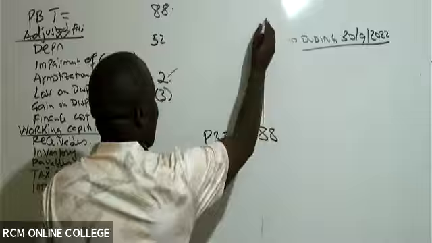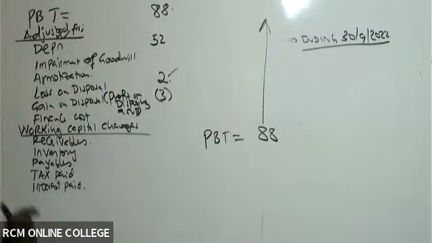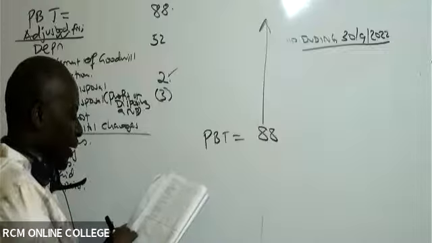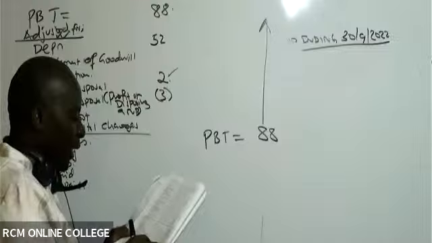Now you look north, you look up for any non-operational item. I can see the first one there, profit before tax, we have 88 there, right?